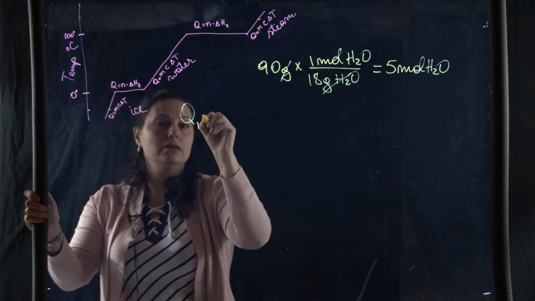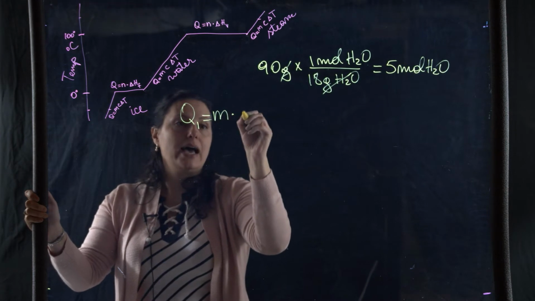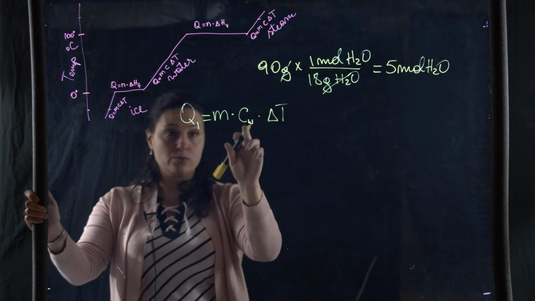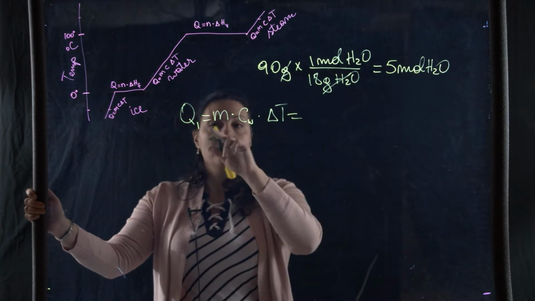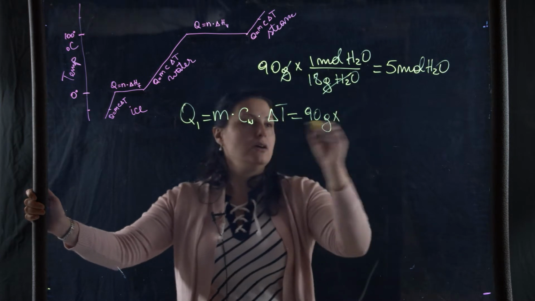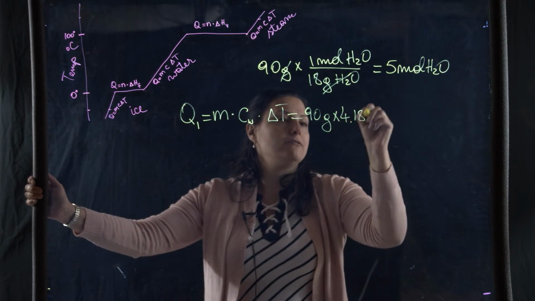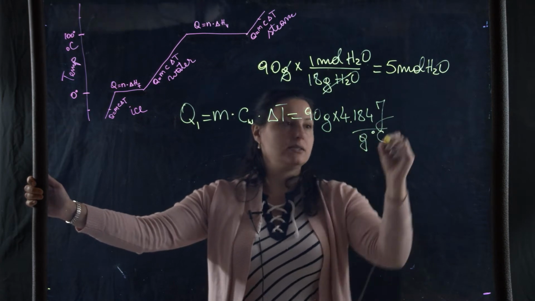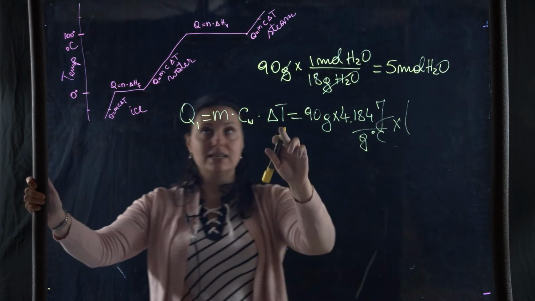My Q1 is going to be M times C for water times delta T, because that's where I am. I'm at the liquid. Mass is going to be 90 grams times 4.184 joules per gram degrees Celsius times, what's my delta T?